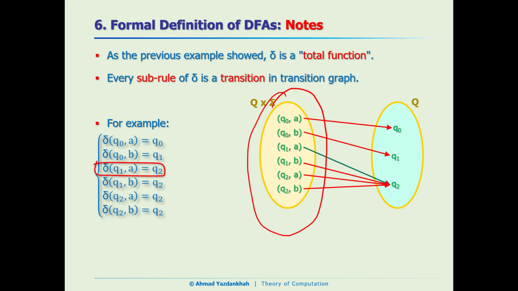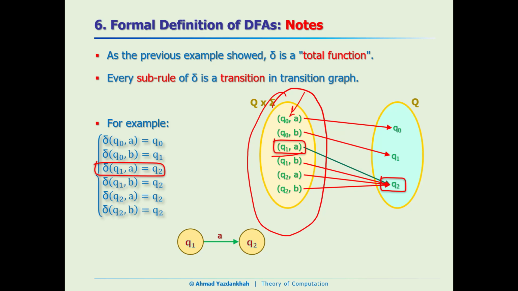And just for example, look at this one. Delta Q1A is equal to Q2. And you can find it here, Q1A, and it goes to Q2. And it was equivalent to one transition like this. All right. So it means that every member of the domain is representing one transition.